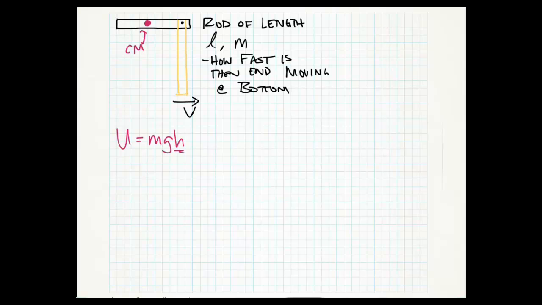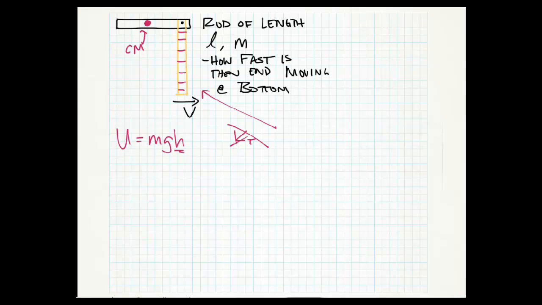Now the next time that we have is down here at the bottom, and we need to think about what kind of energy the entire rod has. In this case, yes, the center of mass is moving, but if I wanted to take the translational kinetic energy, since each one of these little bits has a different speed, I'd have to look at each one of those little bits and get its kinetic energy in order to figure out how fast this thing was going.